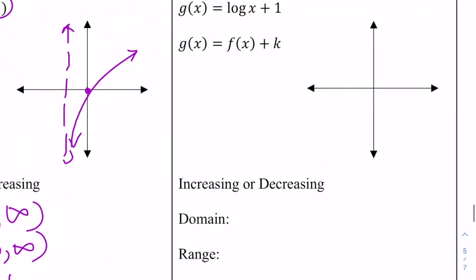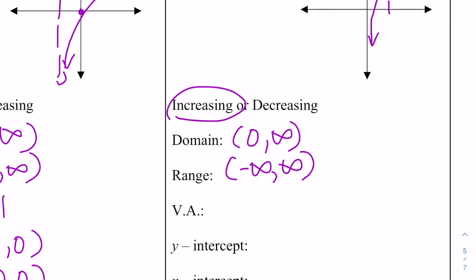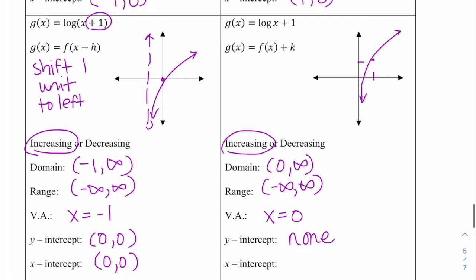For this next one, the logarithmic function is going to go up by 1. So everything's getting shifted up 1. So we can see right here it's still increasing and nothing changed with the domain or the range. Now the only thing that's going to change is the x-intercept. And we're going to have to use a calculator to solve that.